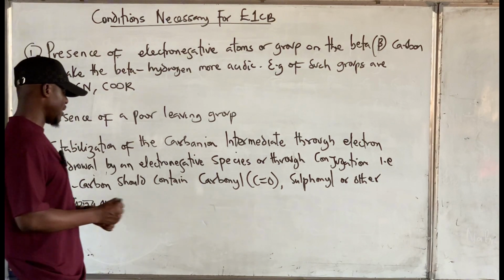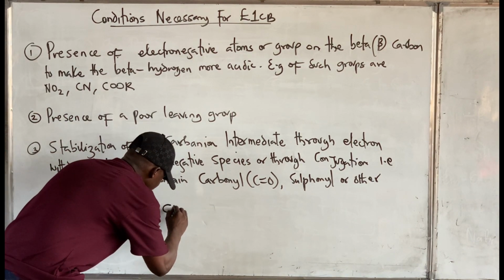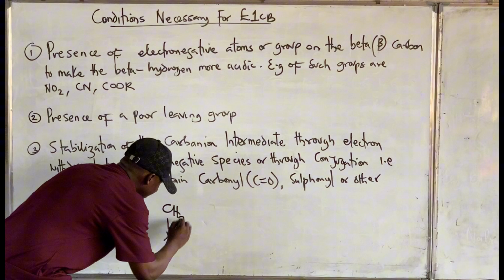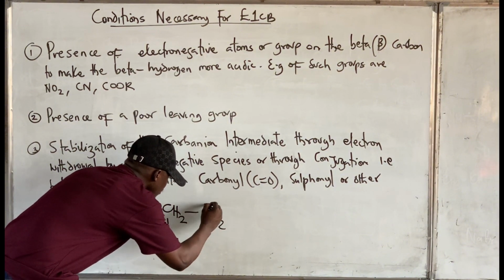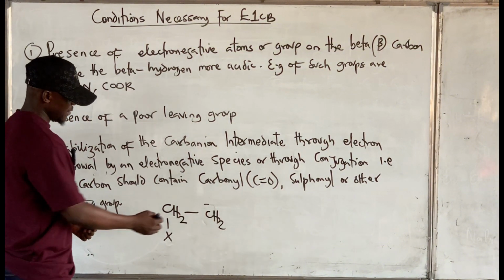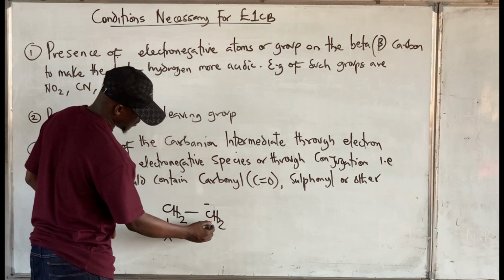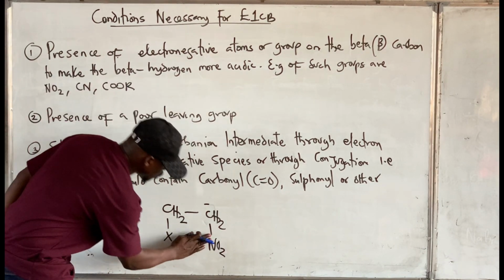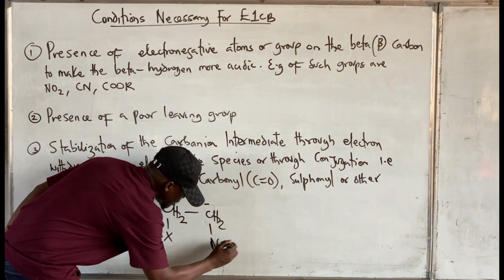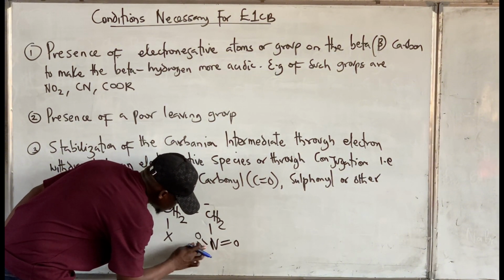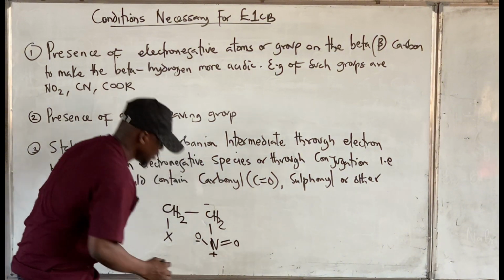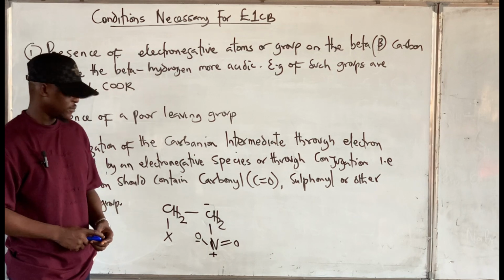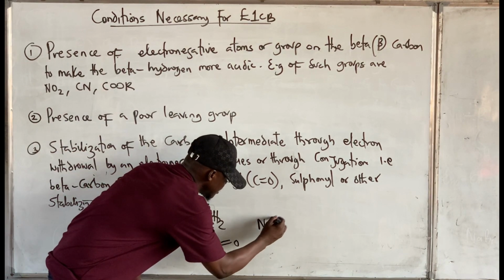So let's say, for example, I have CH2X. Now this is a beta carbon. Imagine I have something like NO2. If you break NO2 down, this is the structure of NO2.